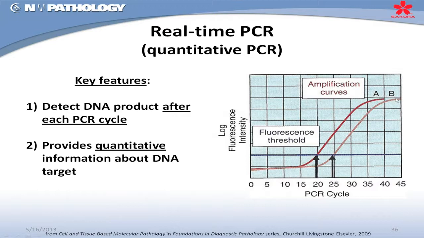But at the end of this reaction, we've actually lost the quantitative information that tells us how much of the original starting material we had. In these earlier phases of the PCR reaction, these are still quantitatively related to how much starting material we had. So in real-time PCR, instead of waiting to analyze the product until the very end, we analyze the product during the reaction.